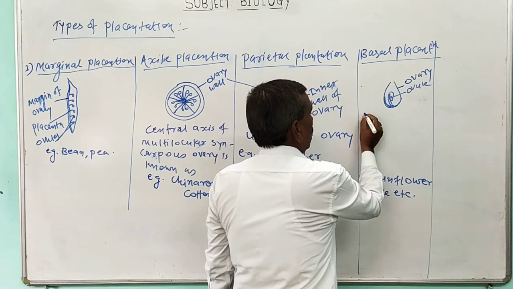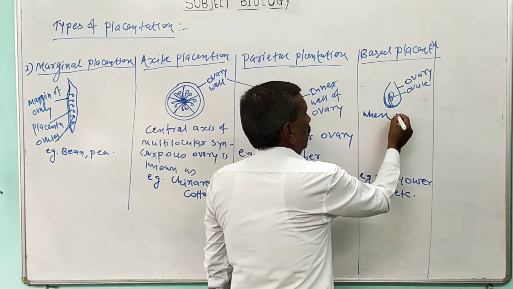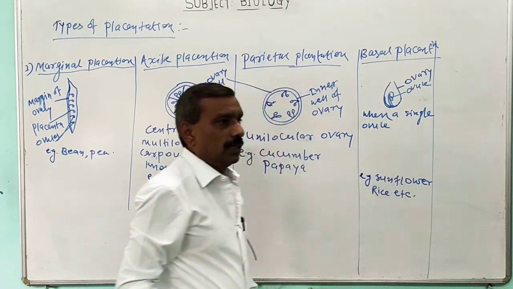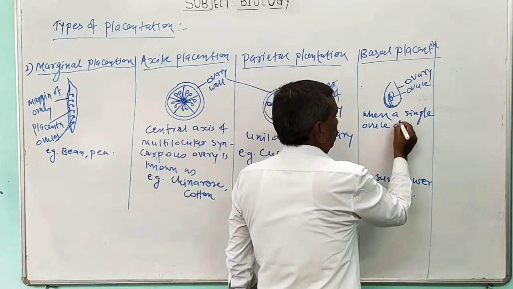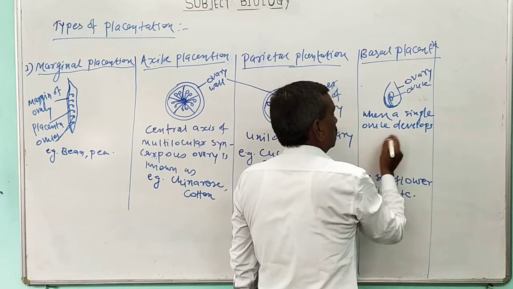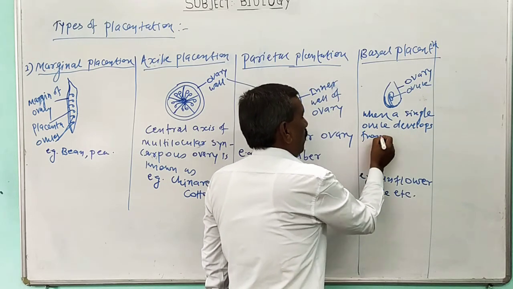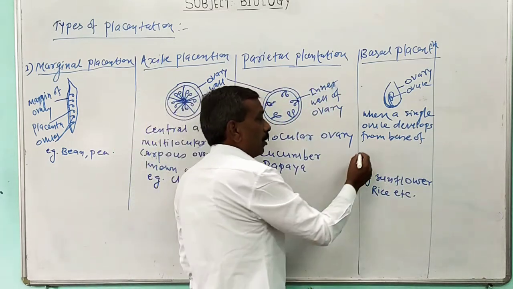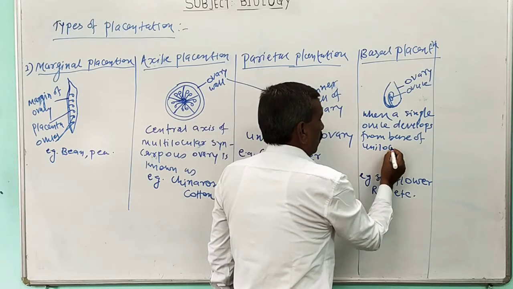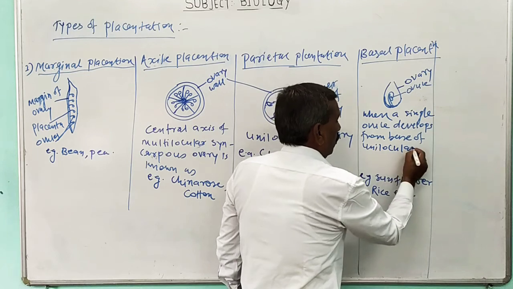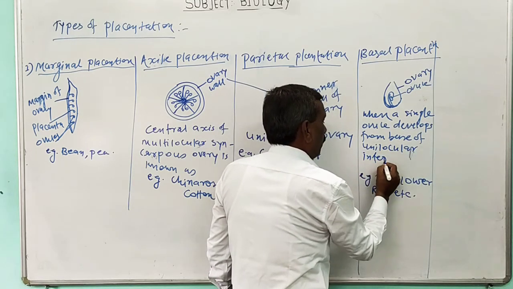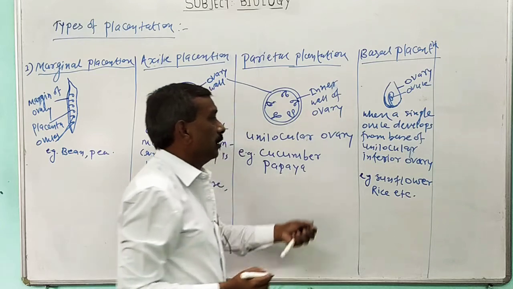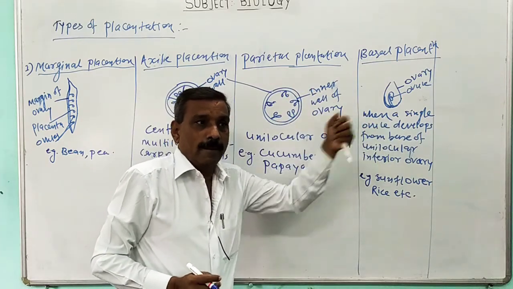When a single ovule develops from the base of a unilocular inferior ovary, it is known as a basal placentation.